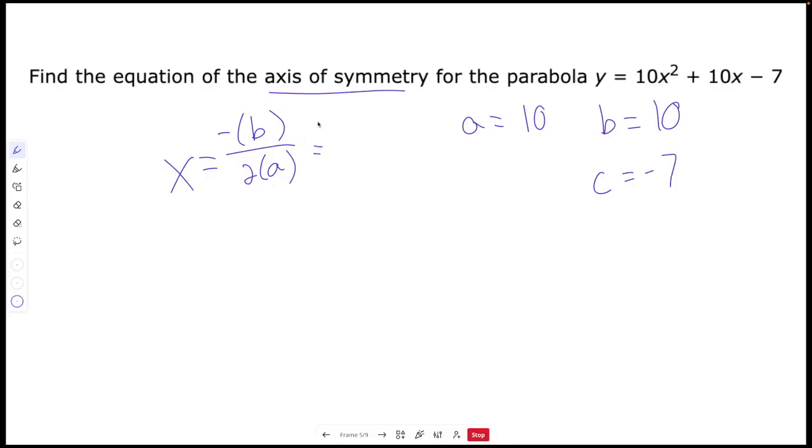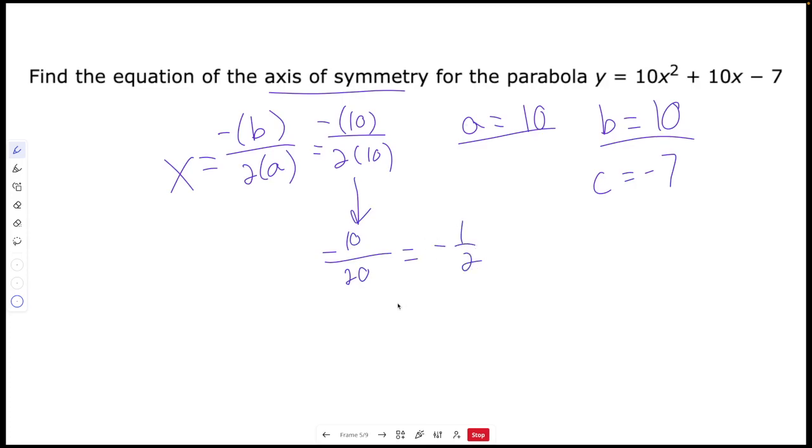So we plug in 10 for b, and we plug in 10 for a because they're both 10. And now we get -10 over 20, which can be reduced to -1/2. And so my final answer here is x equals -1/2. That's the axis of symmetry.